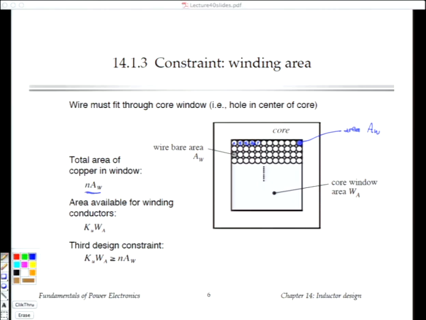This AW is, in fact, often called the bare area of the wire. So if you look on wire manufacturers' data sheets, they'll talk about the bare area, and what they mean there is that there's some wire and then there's some insulation around the wire. And the bare area is the area of just the copper, not counting the insulation.